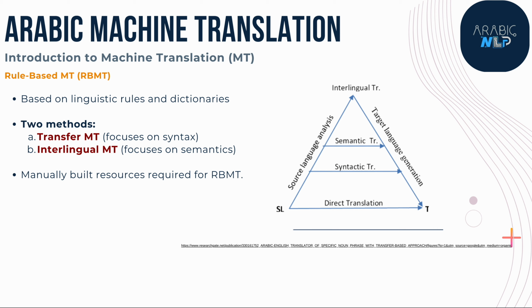We call them the transfer MT and the interlingual MT. The transfer MT maps between the syntactic structures of languages, and the other one, the interlingual MT, is focused more on the meaning or semantics. So these systems often require manually built resources such as translation dictionaries.